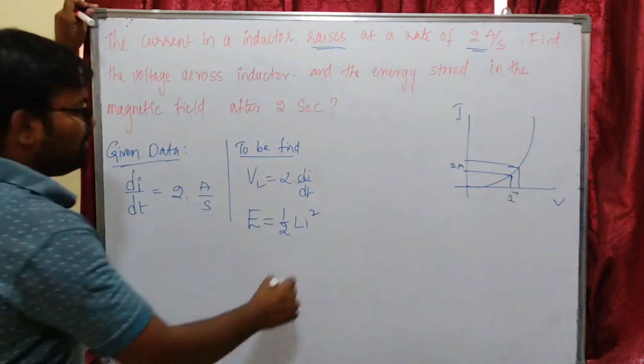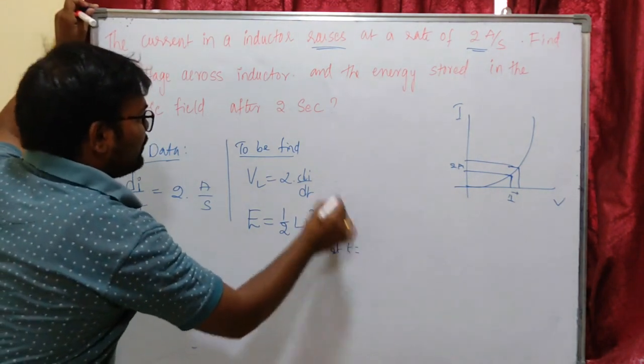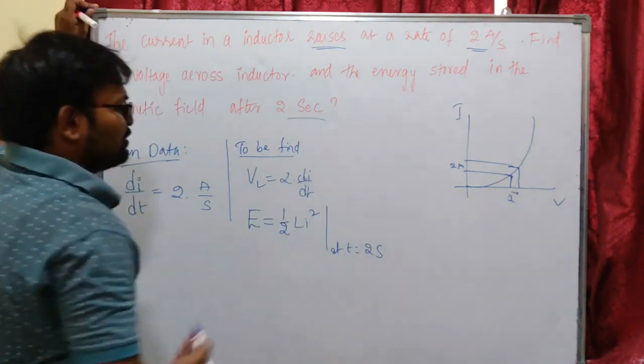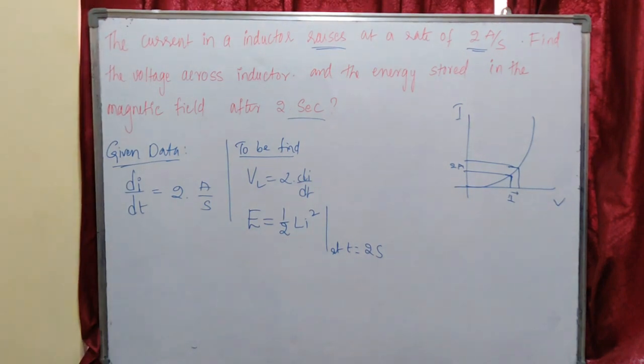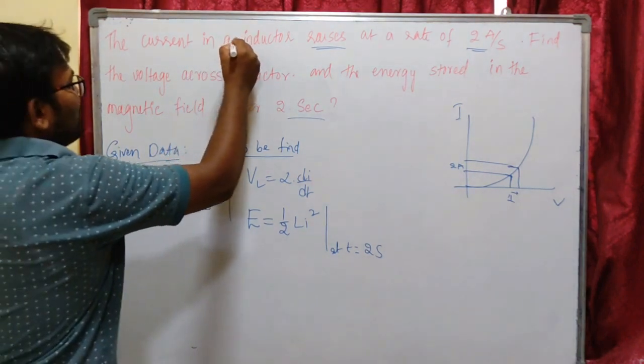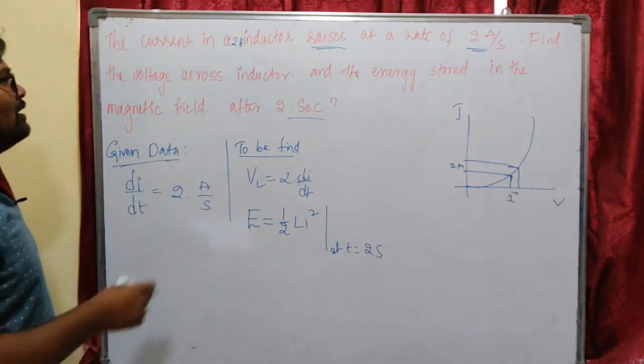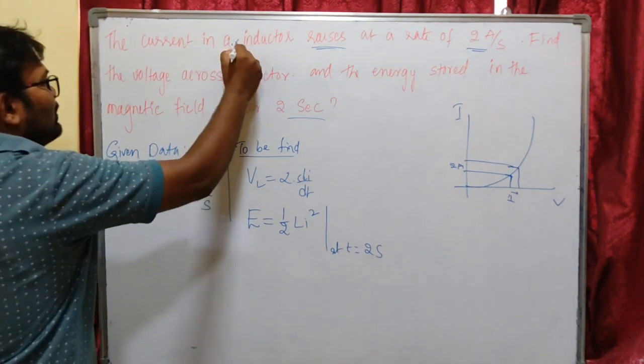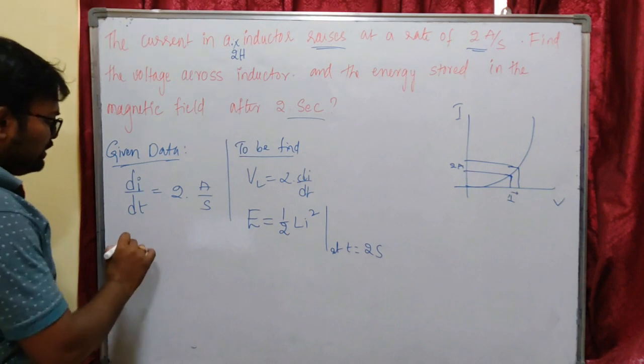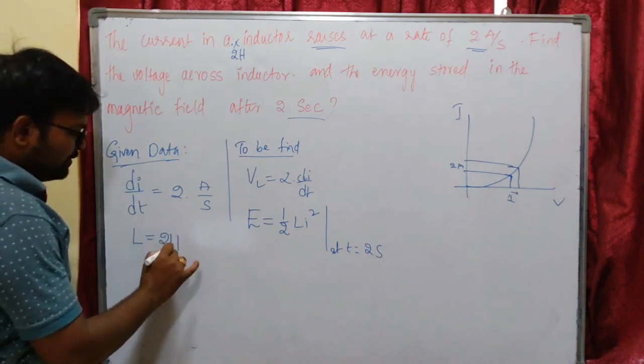He has given it at t equal to 2 seconds. So he is asking us to find the voltage across the inductor and the energy stored in an inductor. And I forgot to mention, the inductance value is 2 Henry. The unit of inductance is Henry, right? He has given an inductor of 2 Henry. That means L equal to 2 Henry.